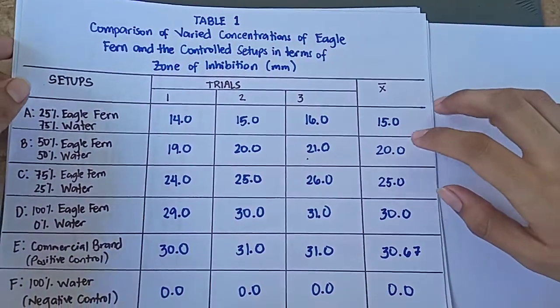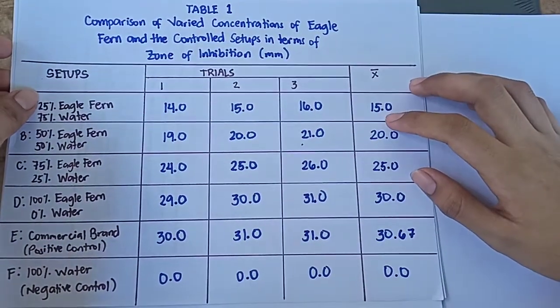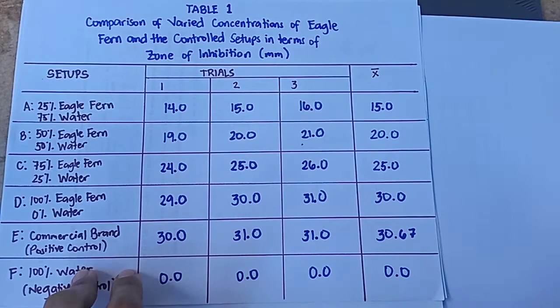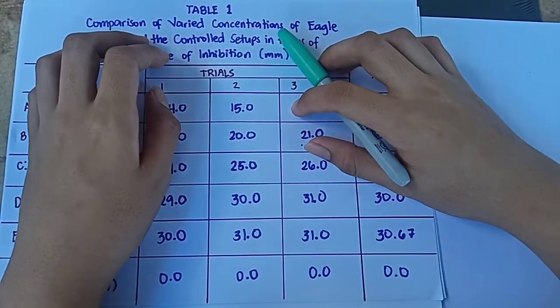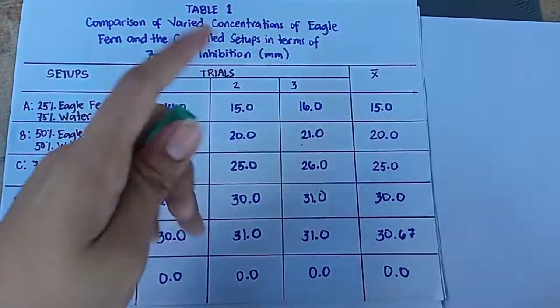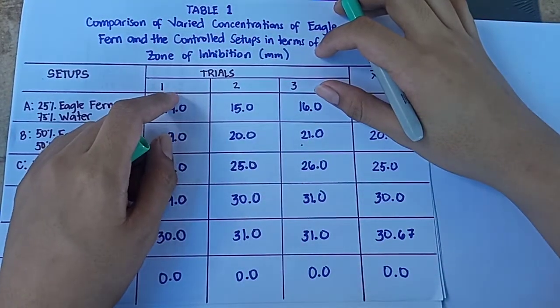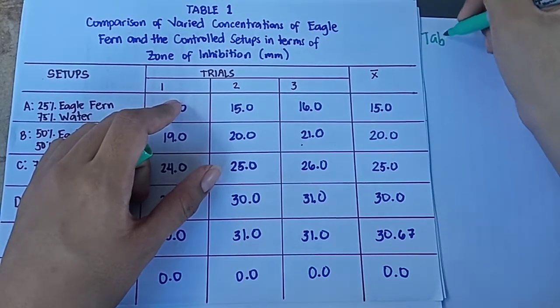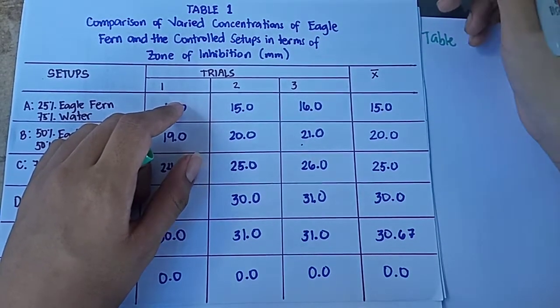Let us discuss how do we organize, analyze, and interpret data. So, in laying out our data, we lay it out in a form of a table.